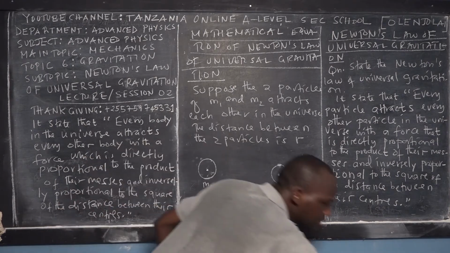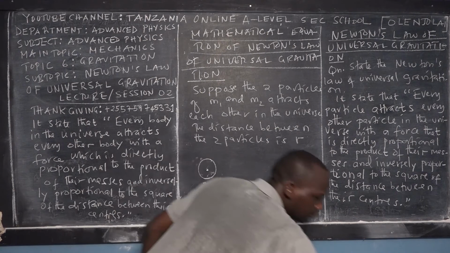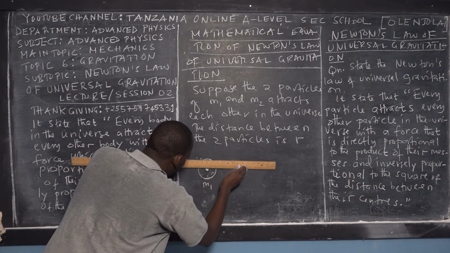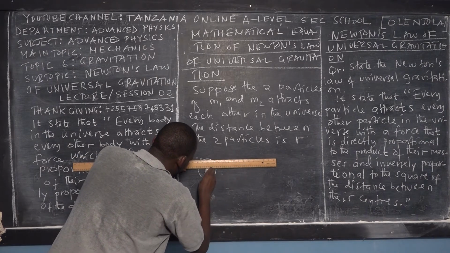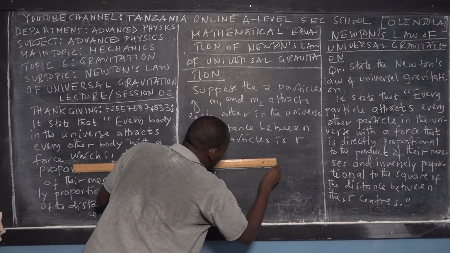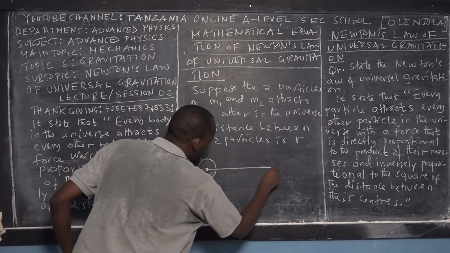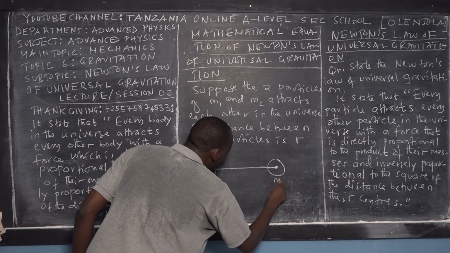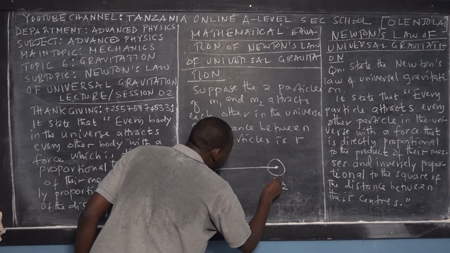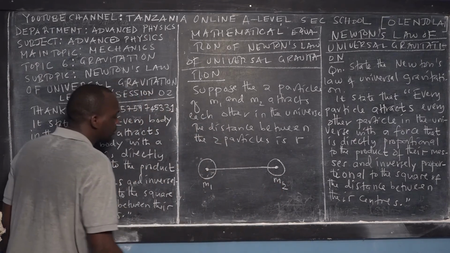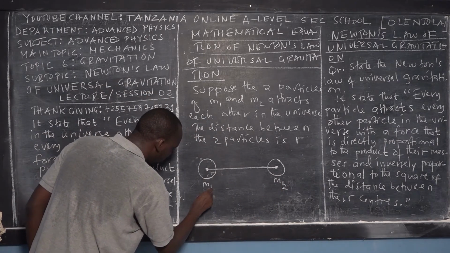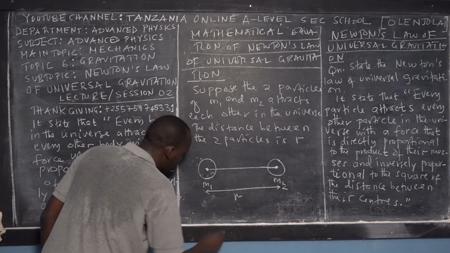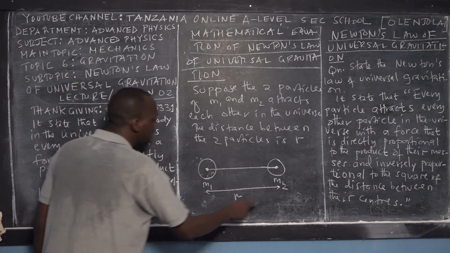Let me just be linear. I would like to draw a straight line, okay? So this is the mean distance between the centers of these two particles. This is the center of the other particle, and this one we call M2, regardless of the size, regardless of the shape. From this point to this point, this is the mean distance we call R. Then this is mass 1, this is mass 2.